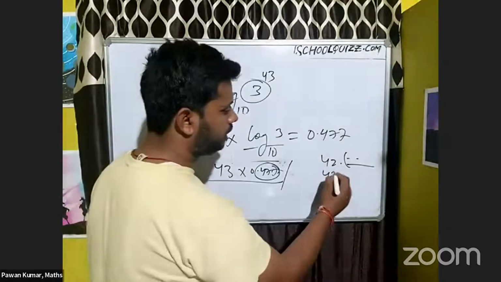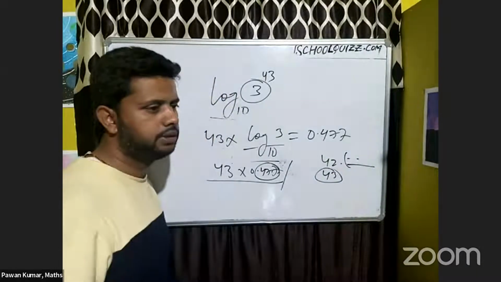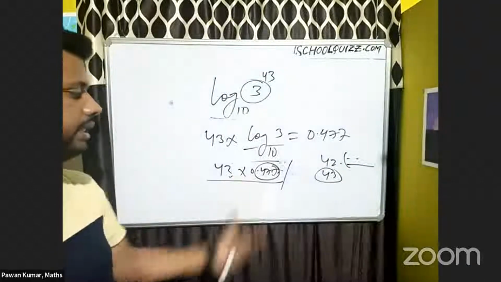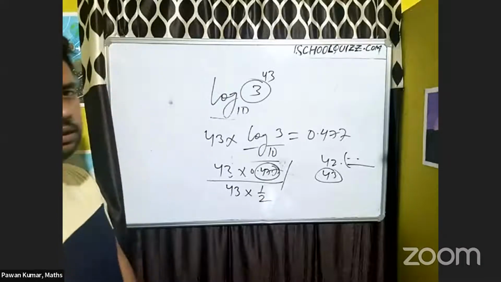Digit must be you can just make it one more, 43. इसका मुझे लगता है कि 4.77 है, nearly about half, करेक्ट ना? Yes, sir. Nearly about half.